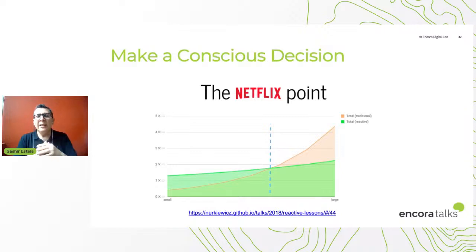On the vertical axis, we have the total cost of projects, as a relative cost. In the orange line, we have the total cost for the traditional approach, and in the green line, the total cost for the reactive approach.